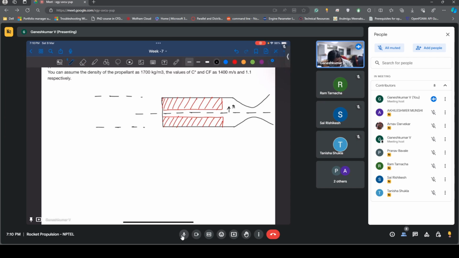Let me be consistent with the colors. And then you have, this is the cylindrical grain we are talking about.